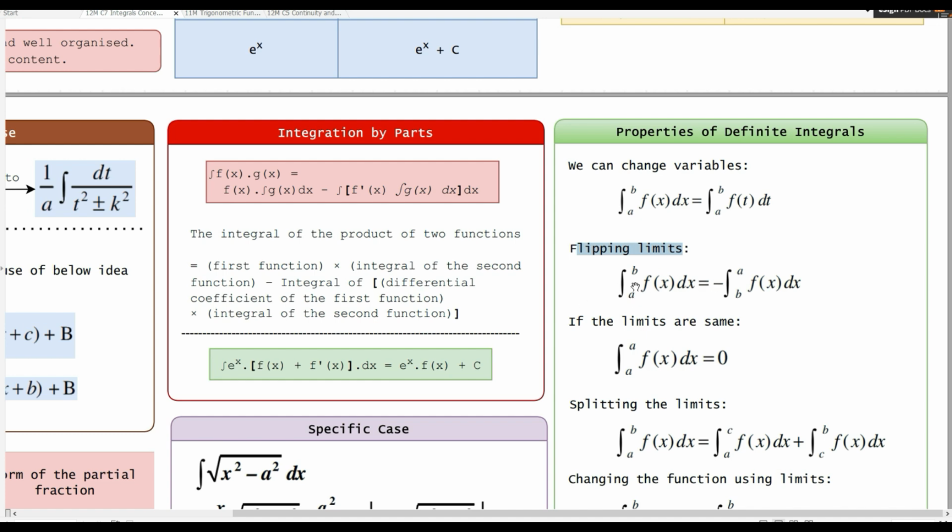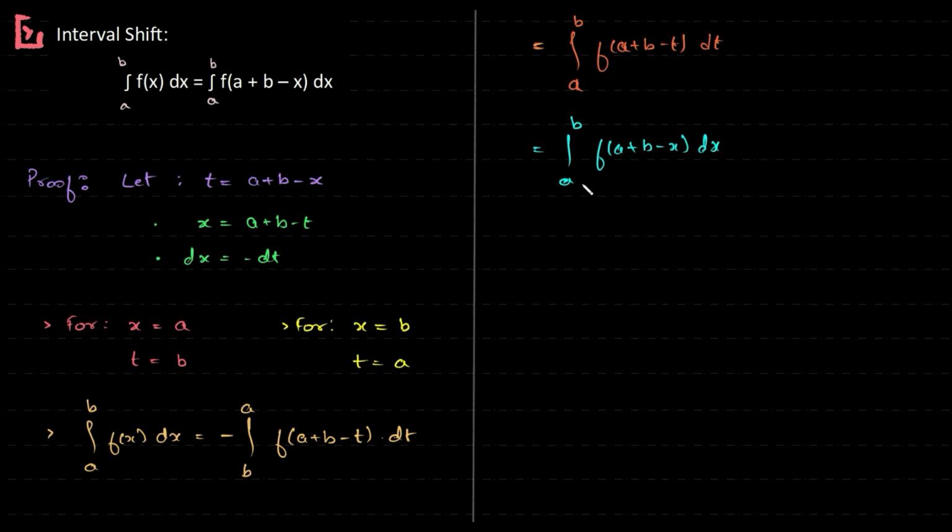So whenever we flip the limits, we need to multiply with -1. Mathematically we saw that it's true, and that's what we have done over here. So this is because of property 1, and with property 0, change of variables is property 0, and we have this answer.